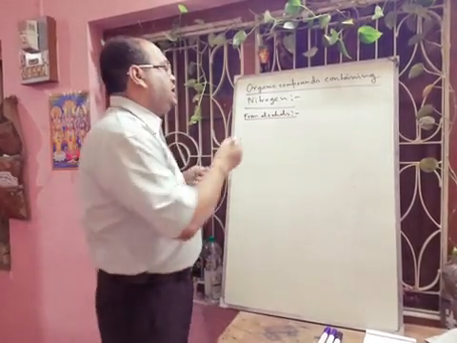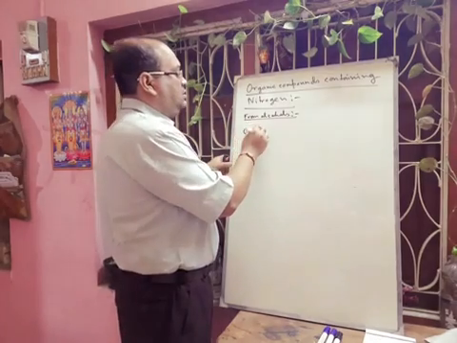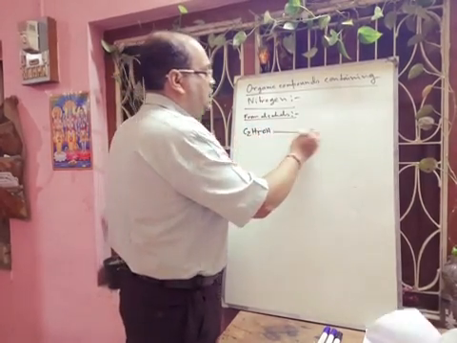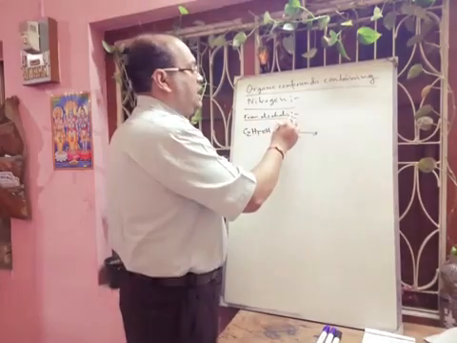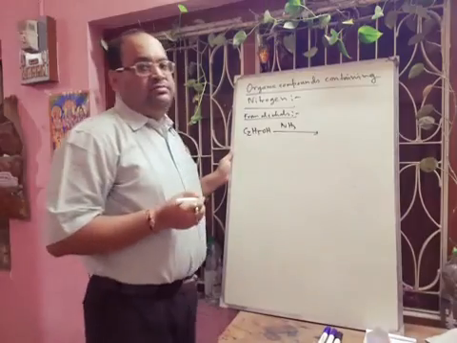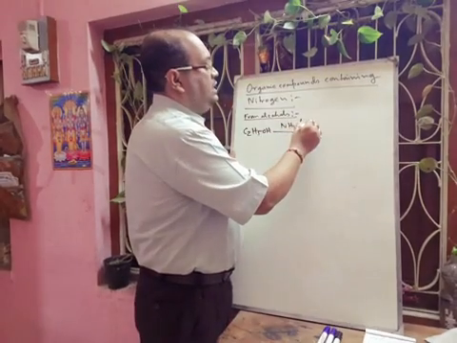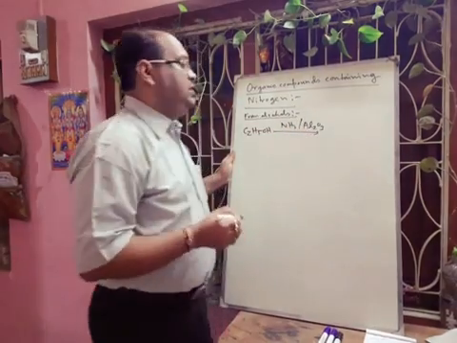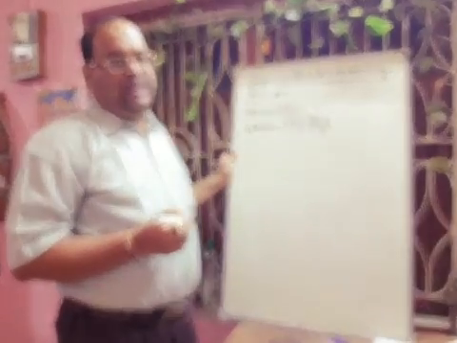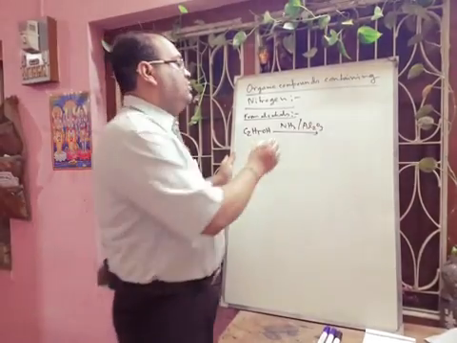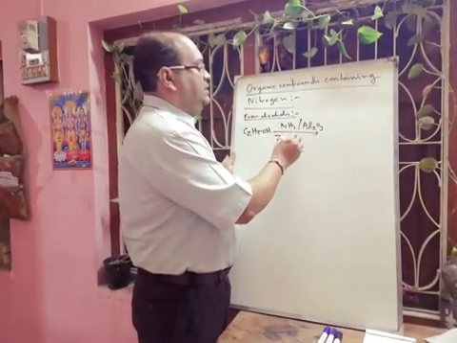So here we are taking ethyl alcohol and ammonia, and as a reacting agent we are using Al2O3, aluminium oxide, alumina, and we are maintaining the temperature around 723 Kelvin.